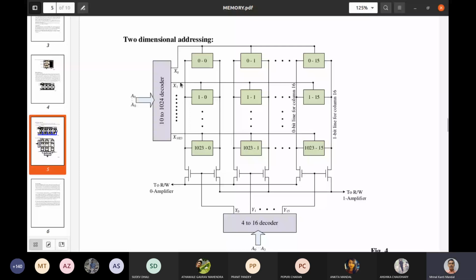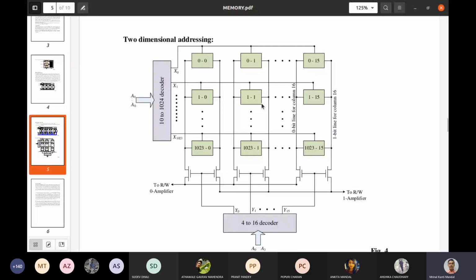Similarly, if Y0 is high, then this particular column will be active. If Y1 is high, then this column will be active, right? So by selecting a particular row and a particular column, you see a particular element is active.